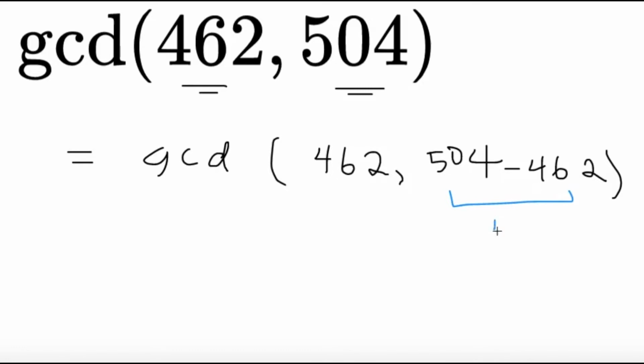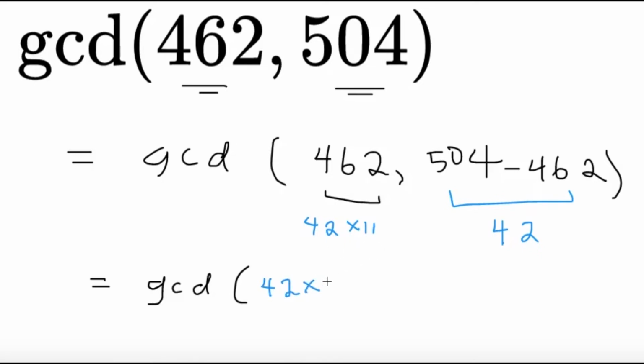Now, the GCD of 462 and 42, in fact, one can already find that 462 is actually divisible by 42, because 462 is actually 42 times 11 here. So we can say that the GCD of 42 times 11 and 42, that's obviously equal to 42.